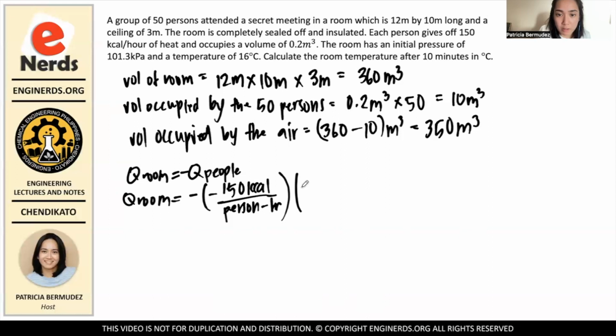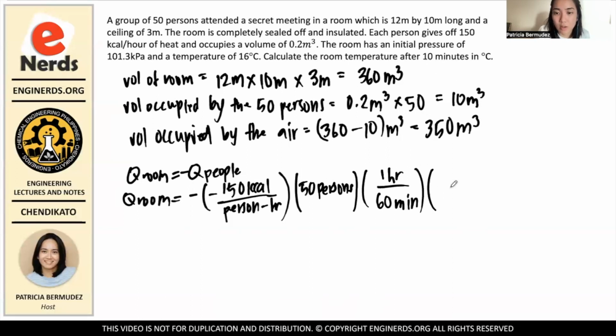So how many people are there? 50 persons. And then in 1 hour, there are 60 minutes. And the time indicated here is 10. So we have to multiply it by 10. And you can see in the units that the person gets cancelled off, and the hour as well as the minute. So what remains? Kilocalories.